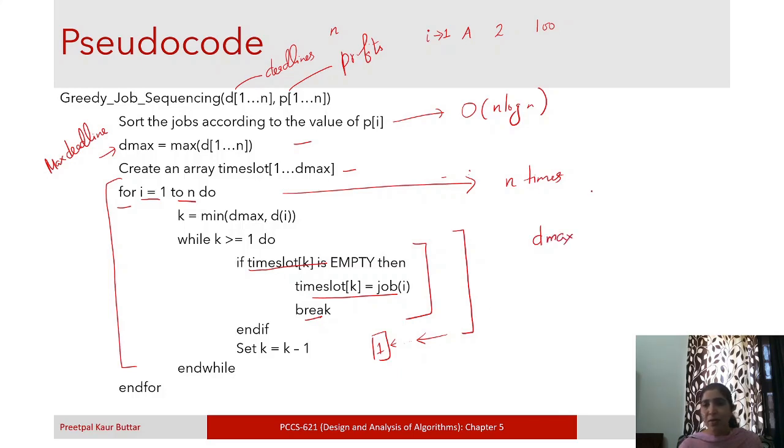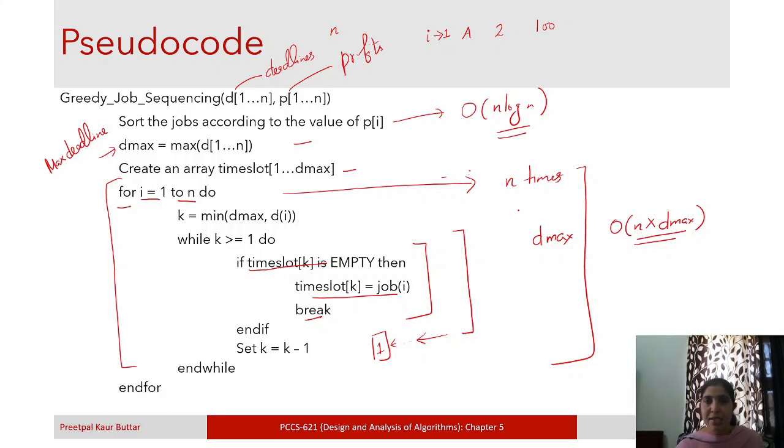So this entire thing will run order of n into D max, right? So here we have two terms, n and D max, and it is n log n.